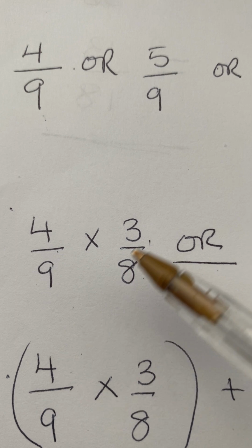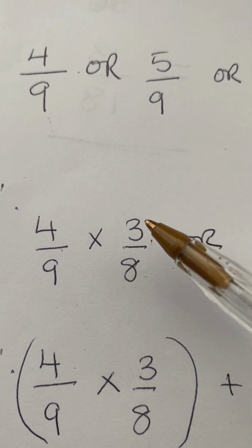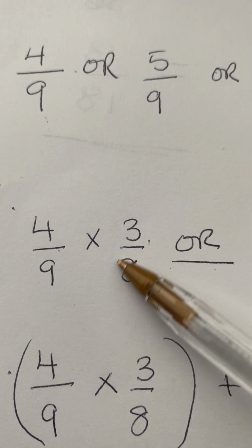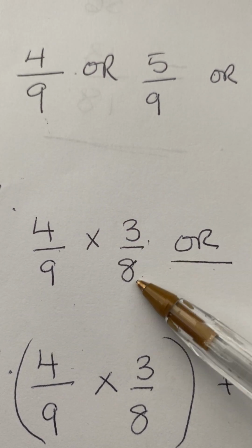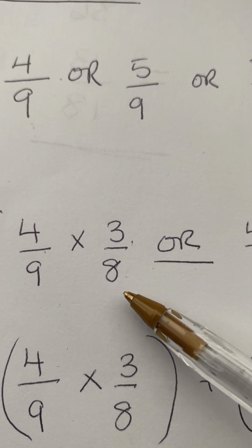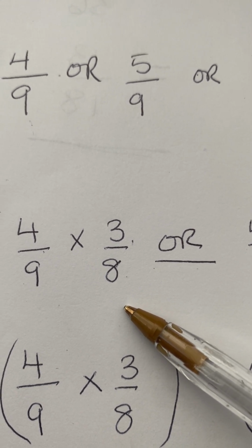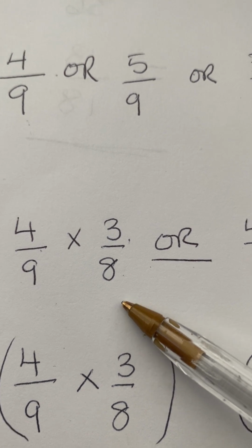Okay, or 3 over 8, when you've picked one blue and now you have 8 counters. So 4 over 9 times 3 over 8. We've done videos on probability. Okay, we've done like 5 videos, so I'll encourage you to go and watch it.